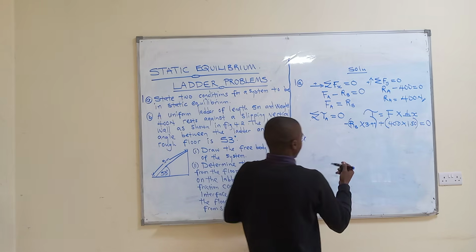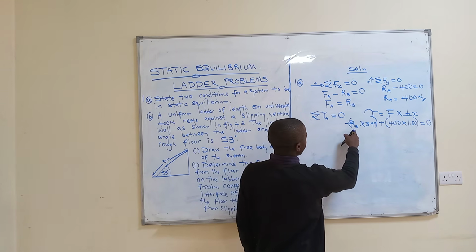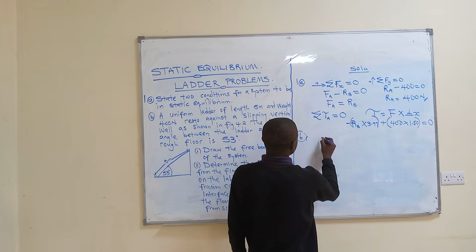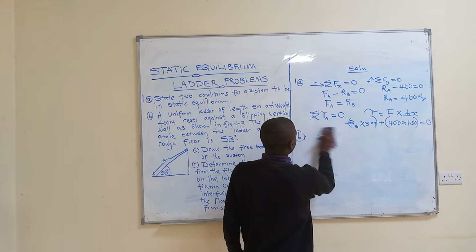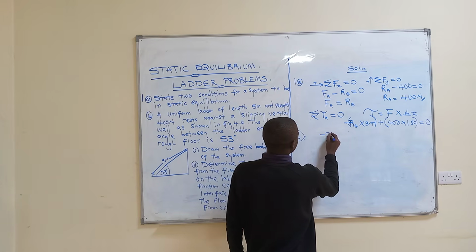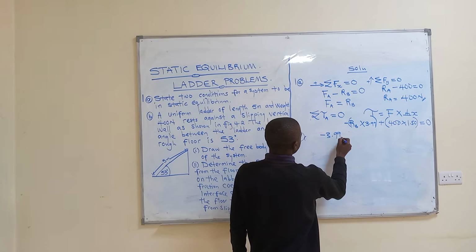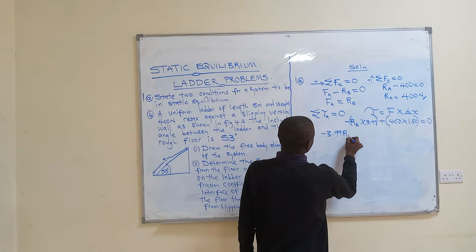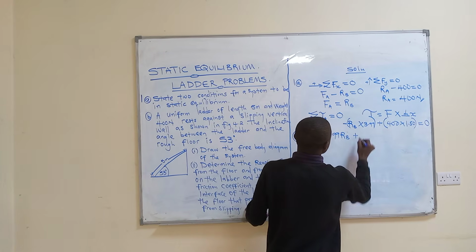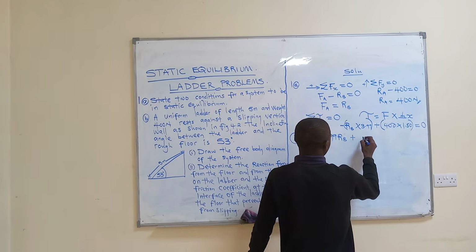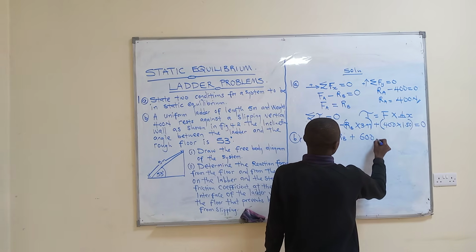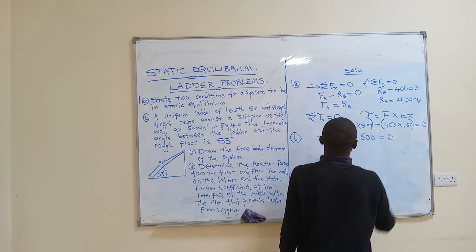Here, if I multiply negative RB times 3.99, that is negative 3.99 RB, plus 400 times 1.5, 600, is equal to 0.